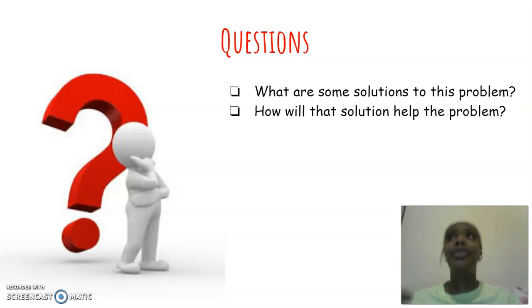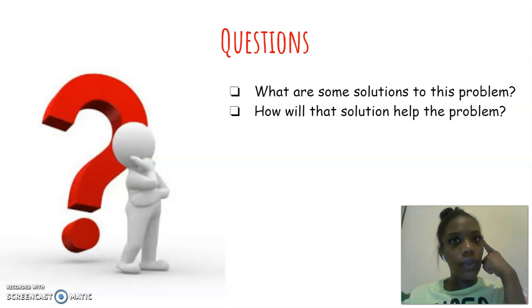People are not putting their trash in the trash cans and they're not putting their cardboard boxes inside of the blue bins that we're supposed to, or they're not putting the cans inside of the bin that's supposed to go with the cans and the bottles inside of the bin with the bottles. That's a problem. So we need to ask ourselves, right? What are some solutions to this problem? What can we do to take care of this problem? And how will that solution help the problem?